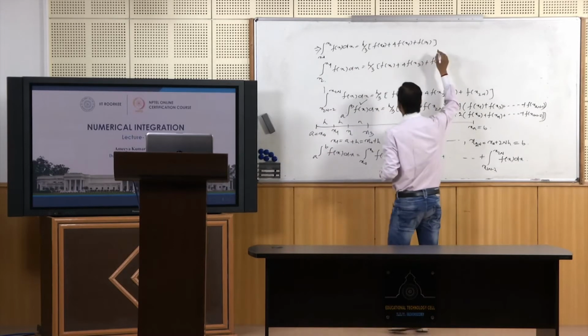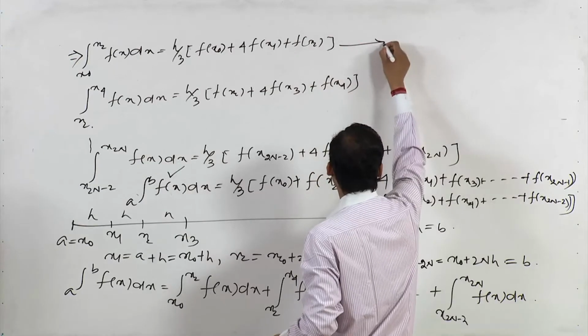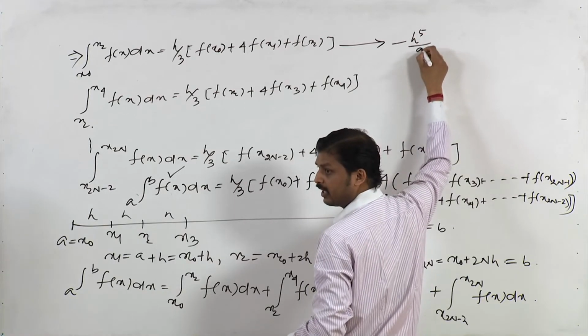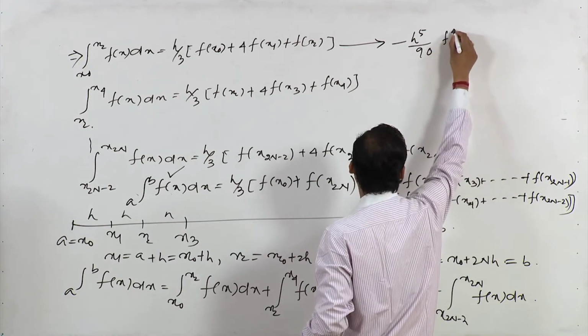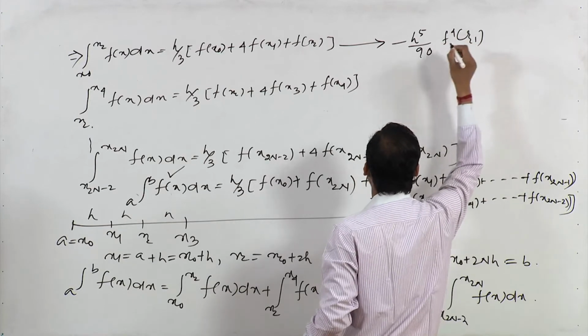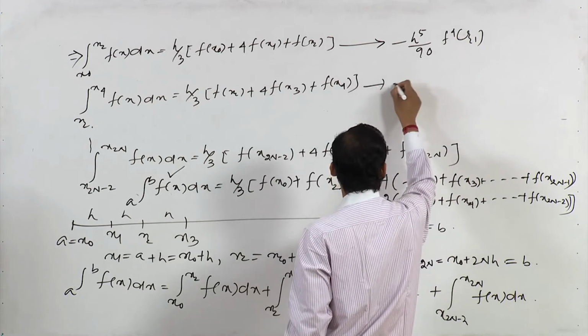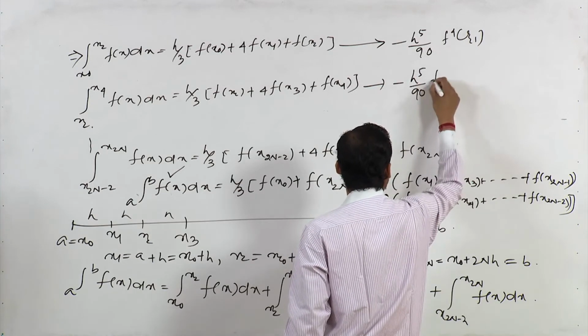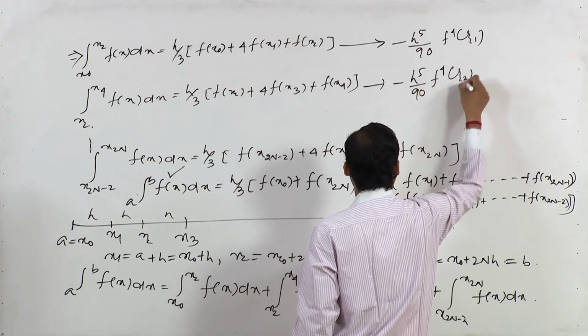So the first error, for this interval here, is minus h to the power 5 by 90 f fourth of zeta 1. The second one is h to the power 5 by 90 f to the power 4 of zeta 2.